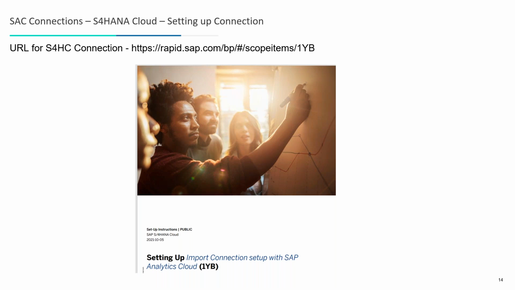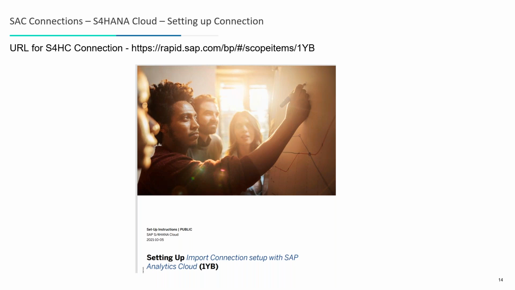One of the most important things to remember is that most of the documentation for setting up an import connection between S/4HANA and SAP Analytics Cloud is going to be in the best practices documentation. So again, this is going to go through what you need to set up on the S/4HANA side. The configuration that you do from the SAC side is very minimal. Almost all the work that you do is going to be on the S4 side.